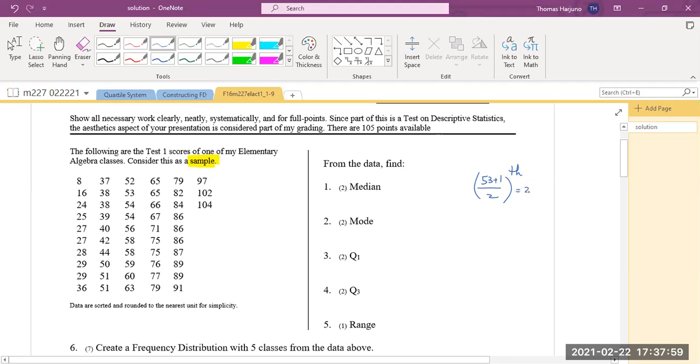That's the 27th data, number 27. So there are 10, 20, 1, 2, 3, 4, 5, 6, 7. That's our median. So the median is 58.